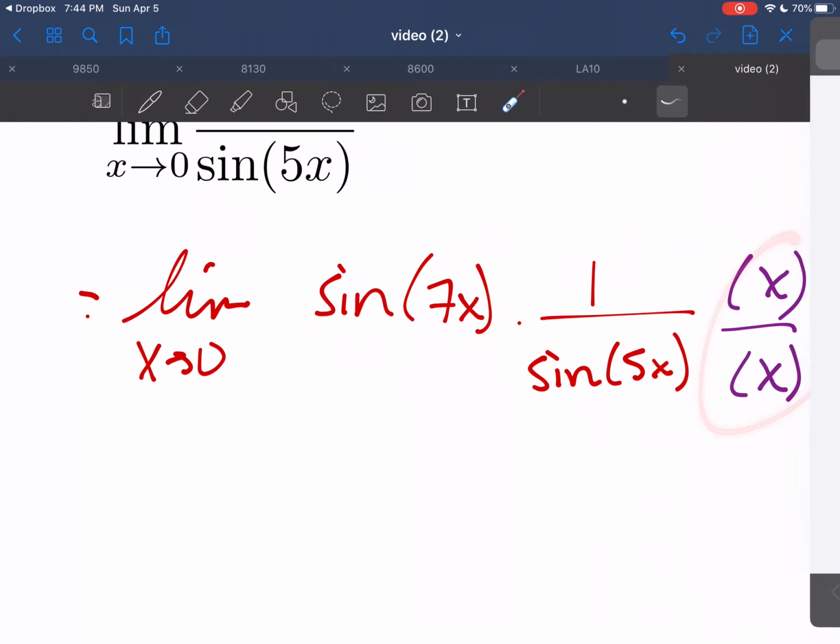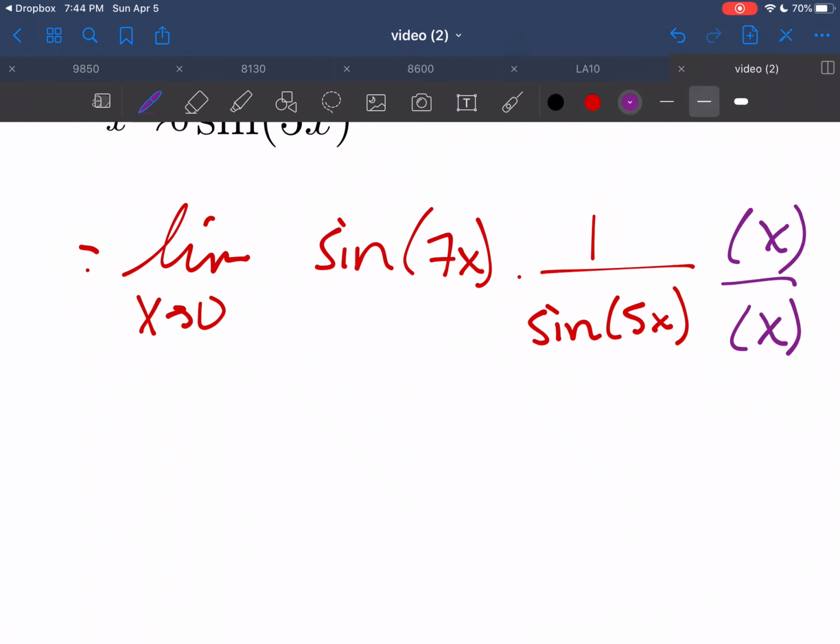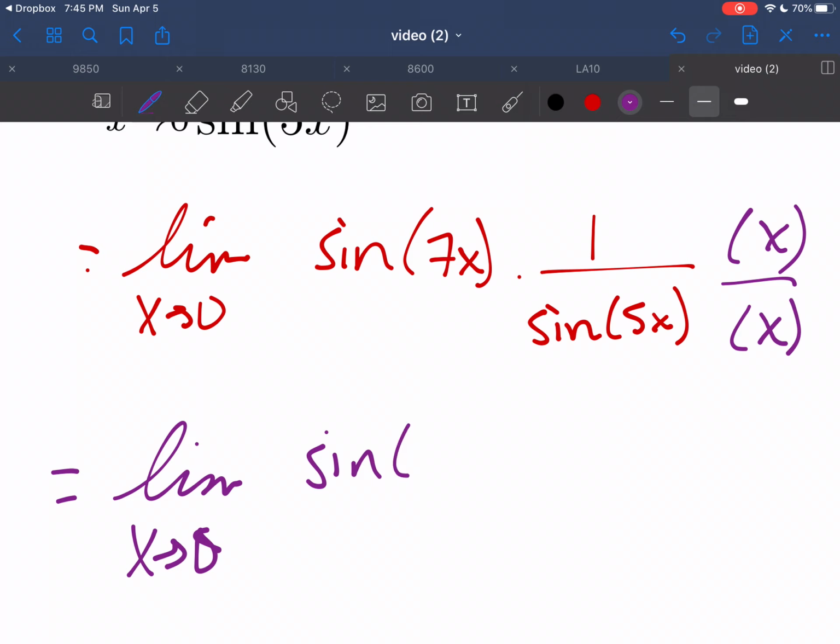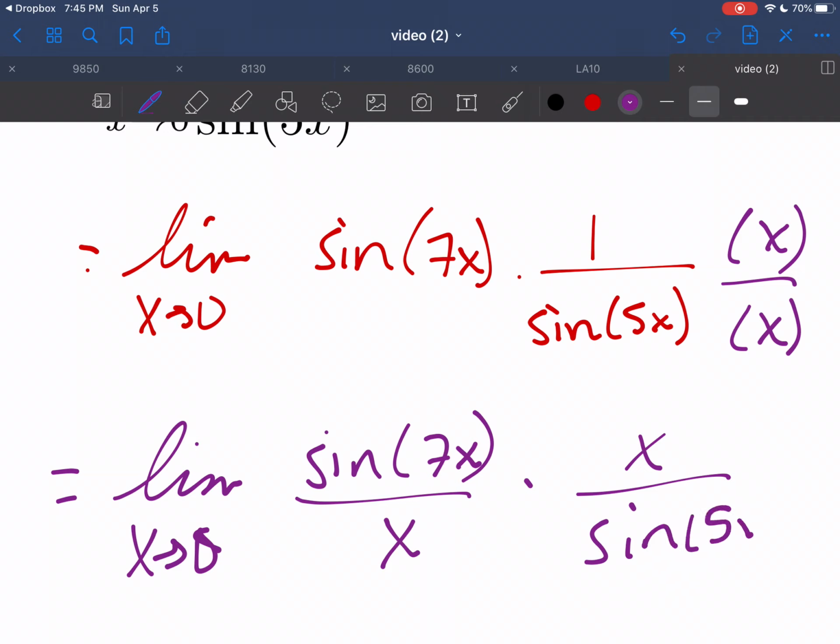And so x over x is just going to be 1. So I can multiply by that and then rewrite my limit. So we get sine of 7x over x times x over sine of 5x.